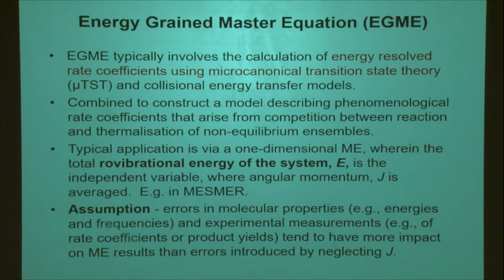As an input to the approach, we need information on the microcanonical rate constants at different energy levels. We also need a model of collisional energy transfer, and we combine those together to construct a model that can describe phenomenological rate constants that arise from the competition between these two things.